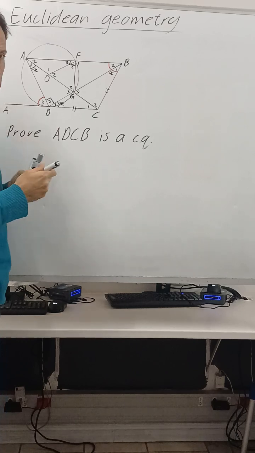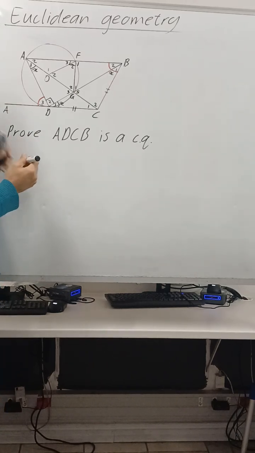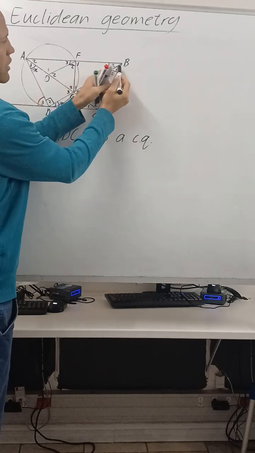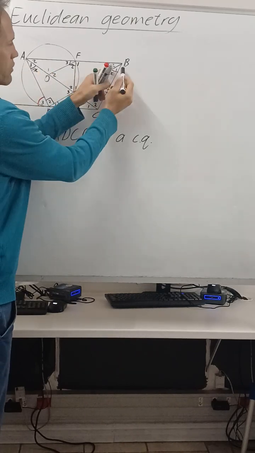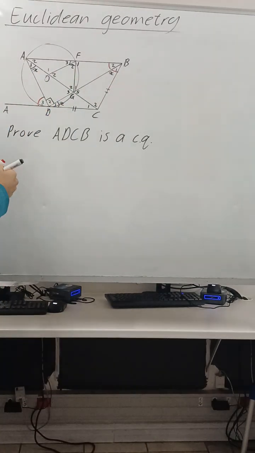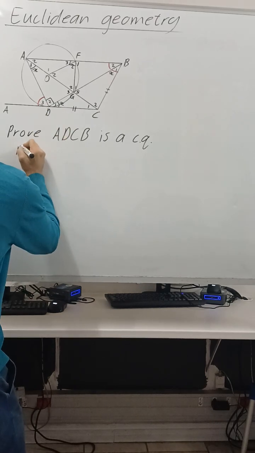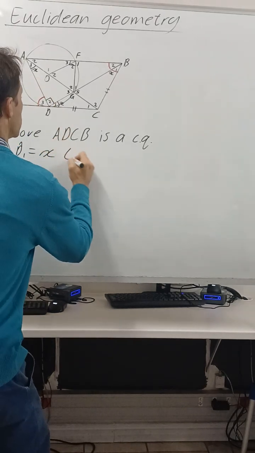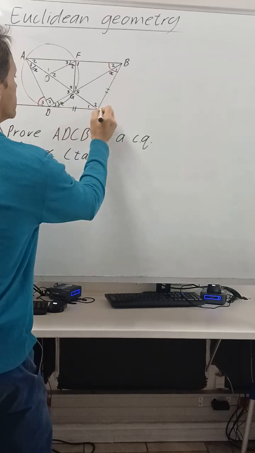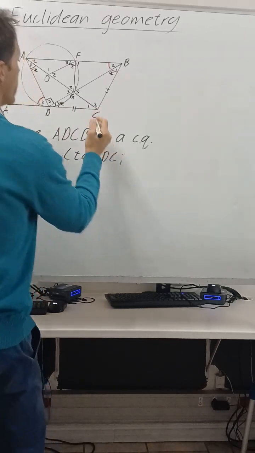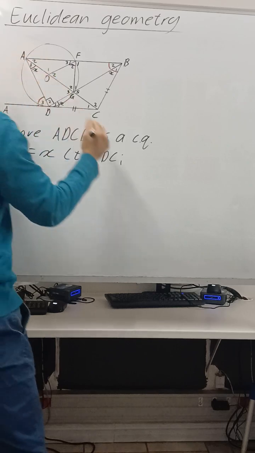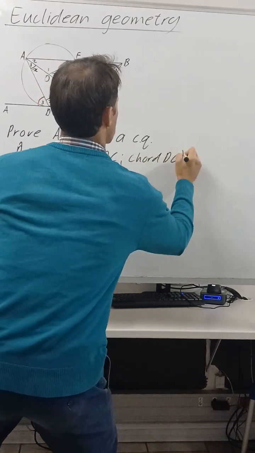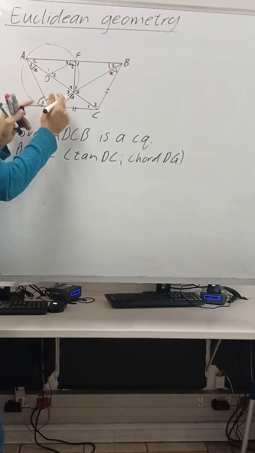So then I actually already proved it's a cyclic quadrilateral, because DC subtends equal angles, the chord subtends equal angles. So now you just put in the information. First of all, I can say that D1 is equal to X, by reason: tangent DC and chord DG. So I got X for this one.